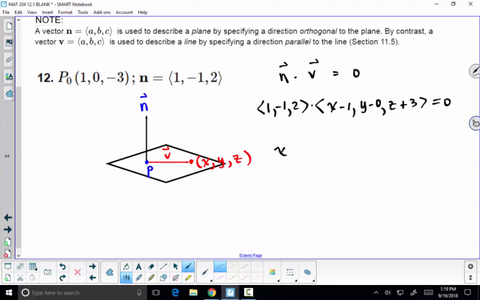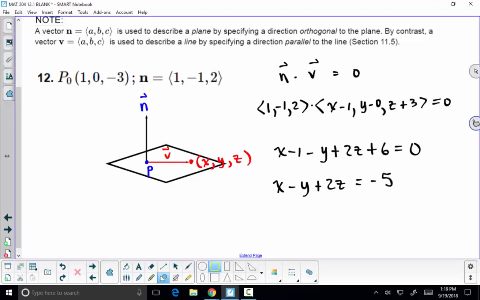And the more you do this, the more you will probably avoid the step I'm doing right now and start to just combine things all at once. You're going to start to see how everything combines together. So we combine our constants, we get a 5 on the left, which is a minus 5 on the right. So that is the equation of this plane. And it is unique as long as we have a positive coefficient in front and as long as we've canceled out any common factors. Then it's unique.